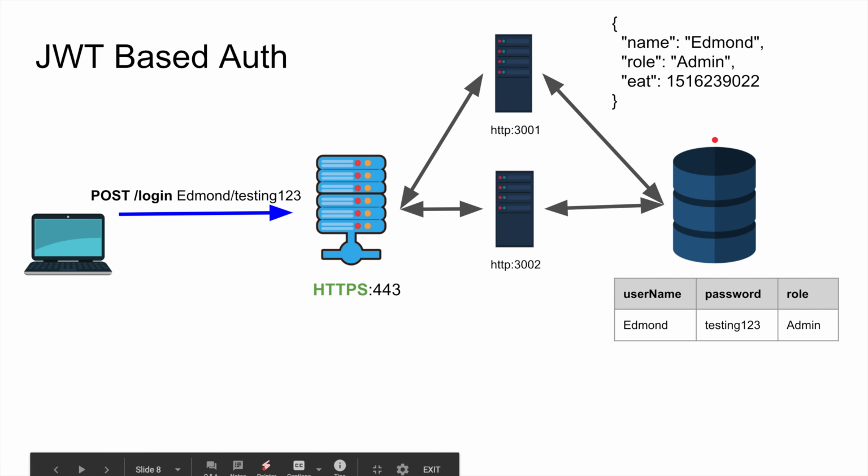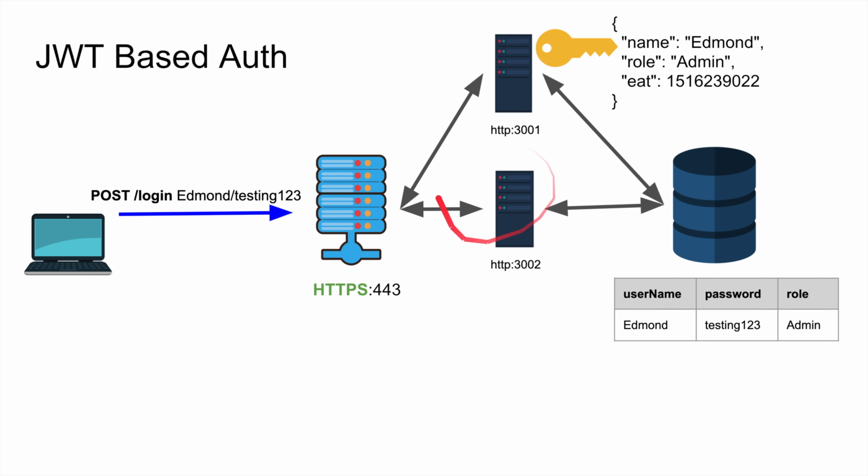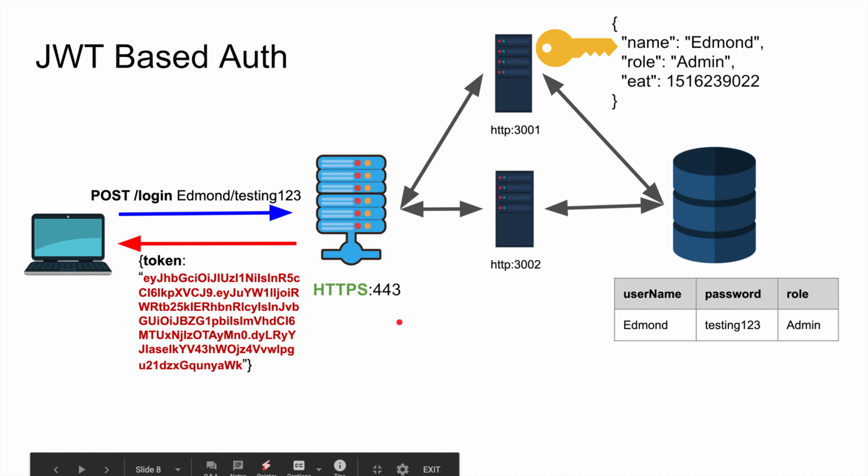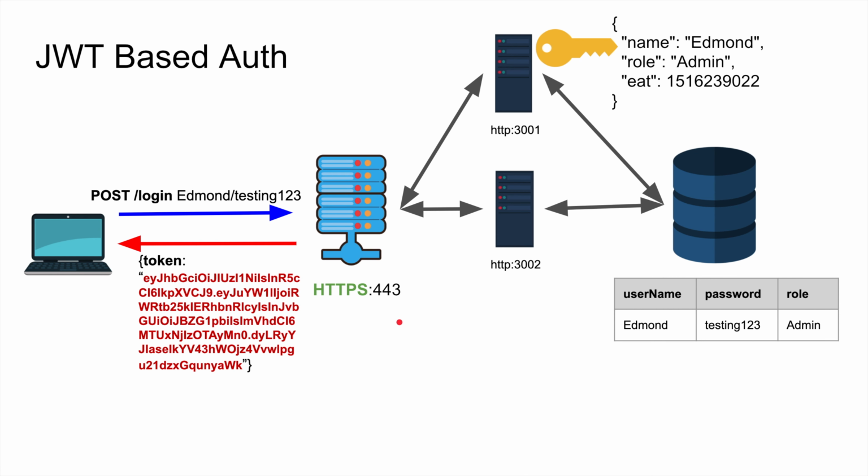Then you take the symmetric key, the secret, which is known by the server, and you encrypt with the JWT library. That generates a huge string consisting of the three parts we showed earlier, and then you return that token to the user.